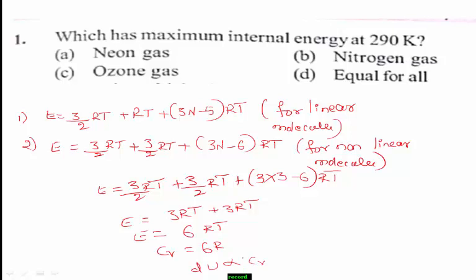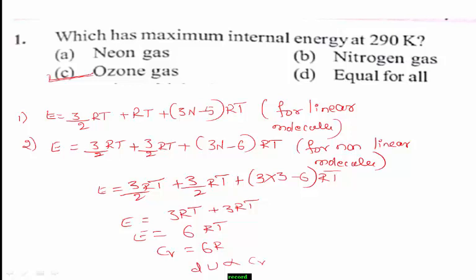Therefore, it has maximum internal energy. Which one? Option C. Option C, ozone gas has maximum internal energy. Students, remember ozone gas has maximum internal energy as a non-linear molecule.